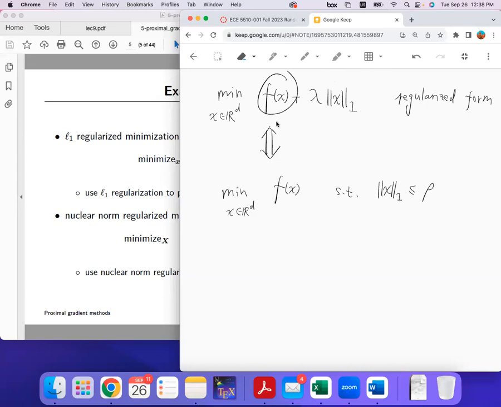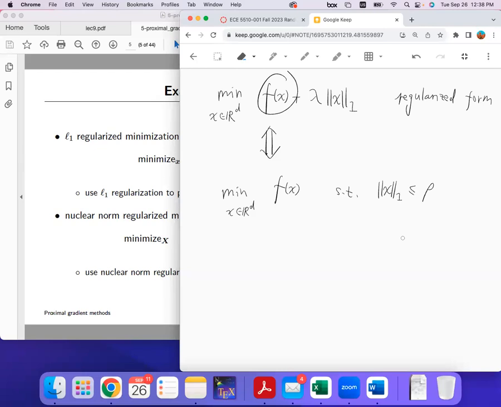So these two are connected through duality, but intuitively you can sort of see that in the first problem, we are penalizing the L1 norm, whereas in the second problem, we are constraining the L1 norm. So they are kind of doing the same thing.